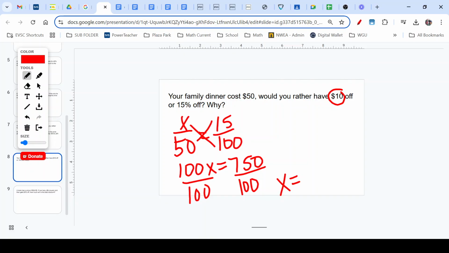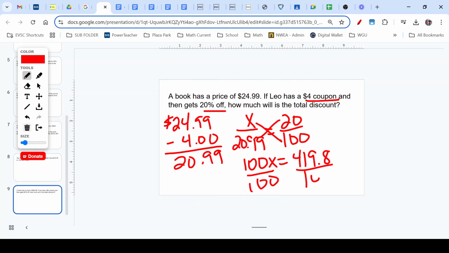We're still going to cross multiply, and then we're going to take $20.99 times 20. Divide to get rid of our coefficient, and we get 4.198.